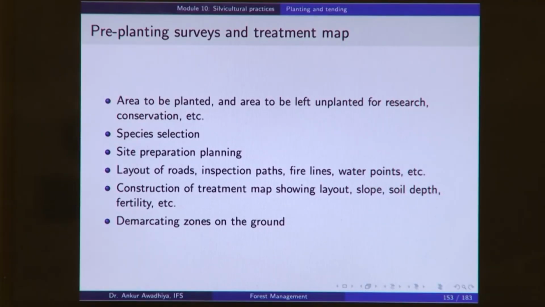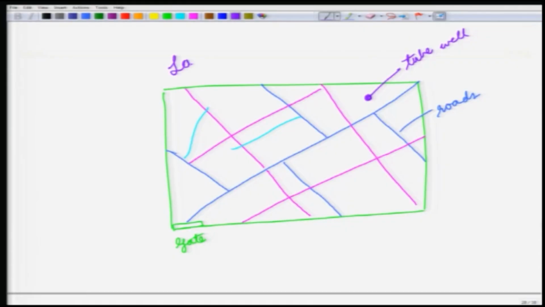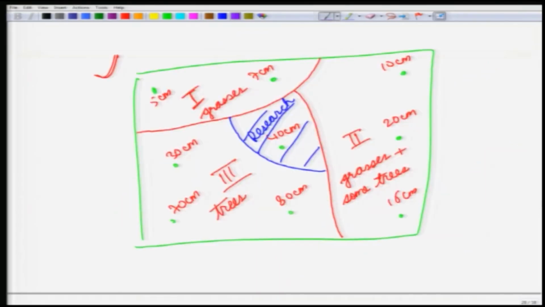Then construction of a treatment map showing layout, slope, soil depth, fertility, etc. So, what we are saying here is that you have this layout map, you also have this soil profile map.